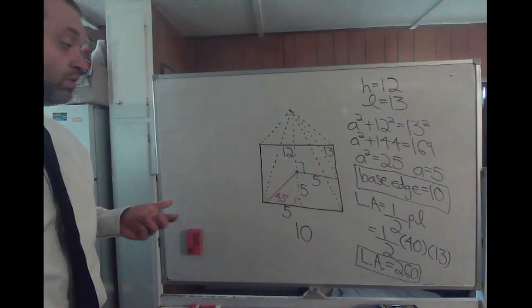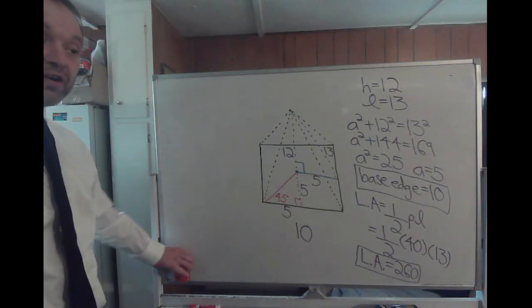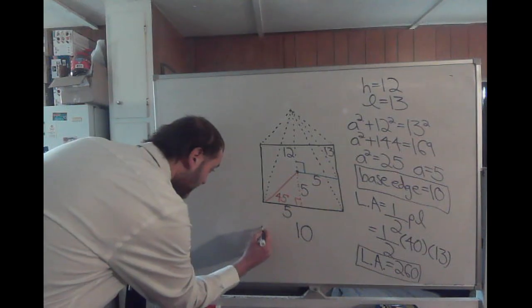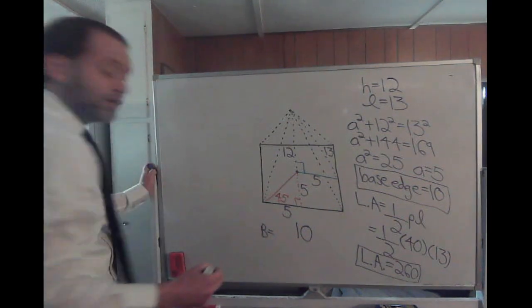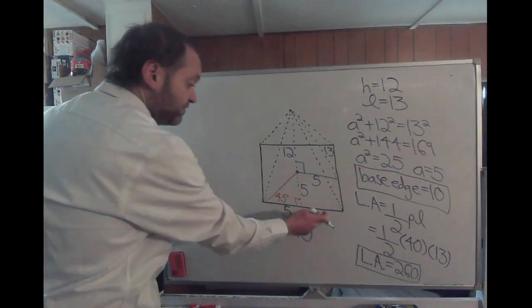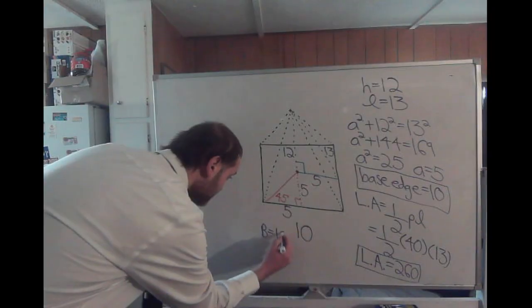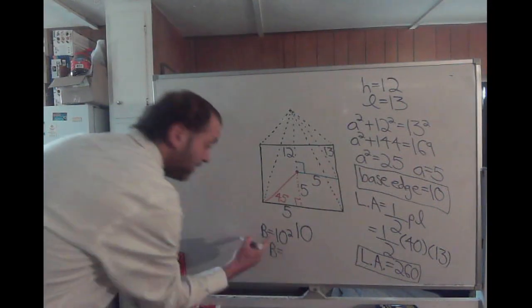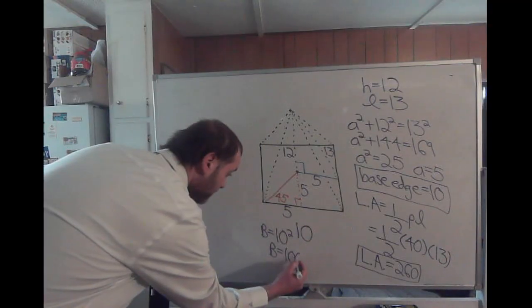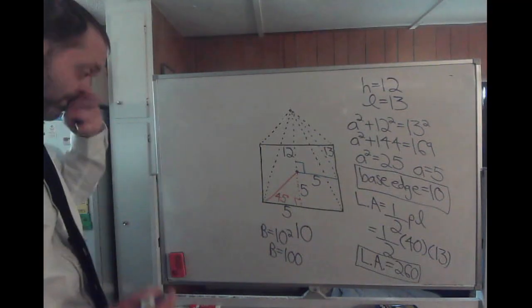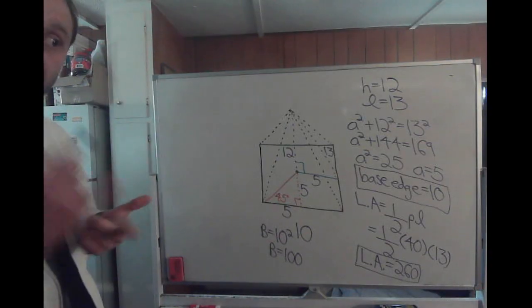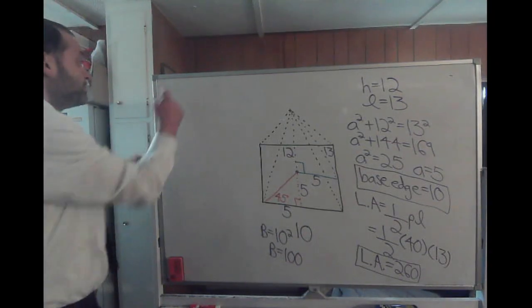Now, before we go on to find either the surface area or the volume, we need to know the area of the base. The area of the base being a square, you're just going to take one side of the square, which is 10, raise it to the second power, which would give you the area of the base being 100 square units. Now that we know the area of the base, we can proceed to finding the surface area and the volume.